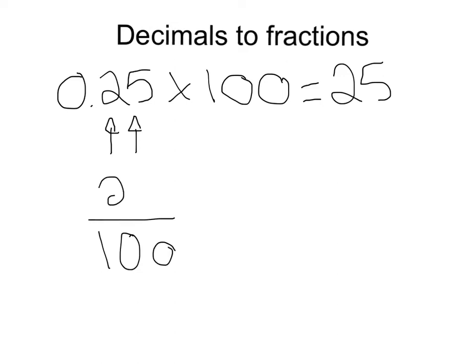Your answer is 25 over 100, but you want to reduce that into lowest terms. So that's going to be 1 over 4, and that's how you get a decimal to a fraction. To get the reduction, you just have to divide both of them by the highest common factor.